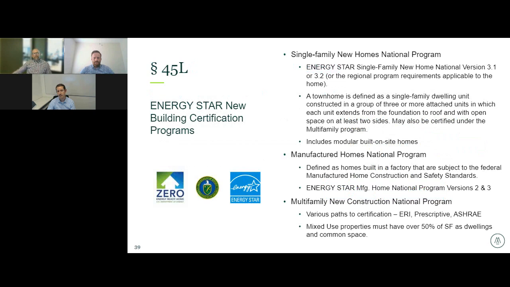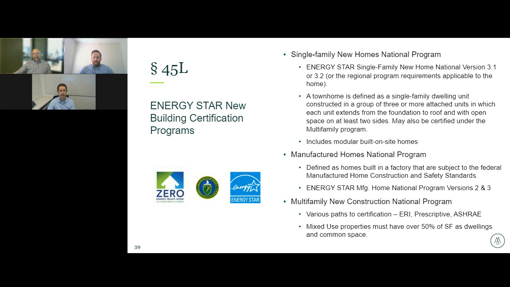So again, getting into the Energy Star in a little bit more detail, the single family home national program requirements. Right now there's version 3.1 and 3.2 out there. The townhome, as I mentioned, is basically a floor to ceiling unit, and the multifamily gets into the stacked units.